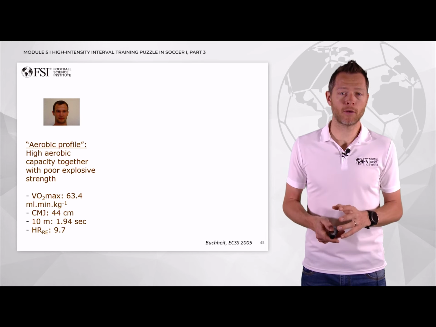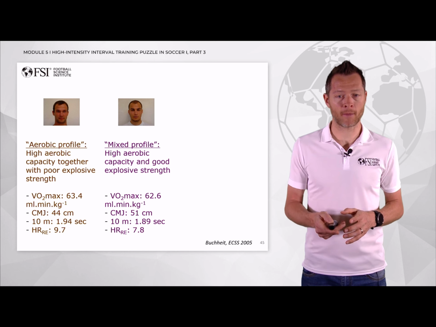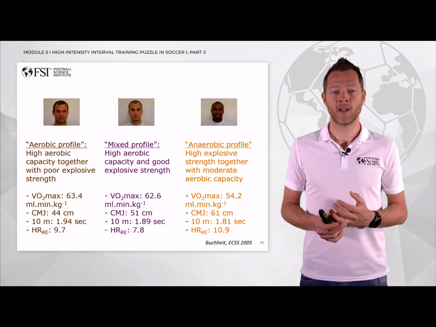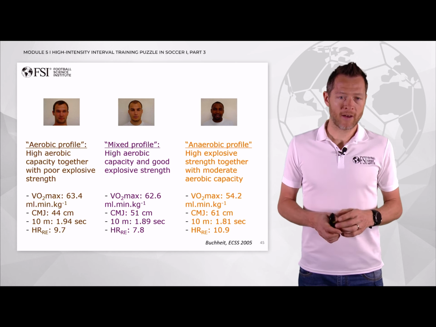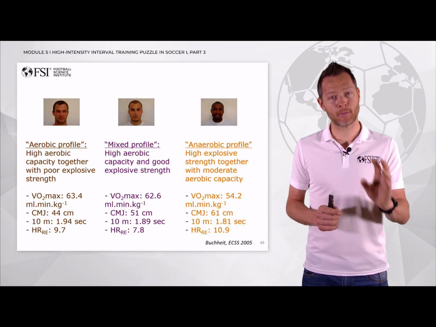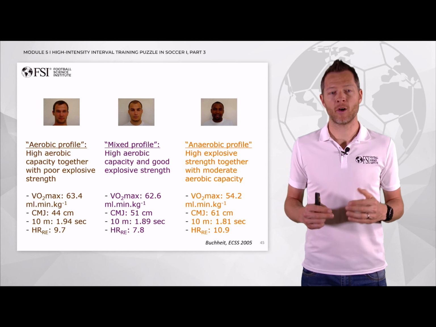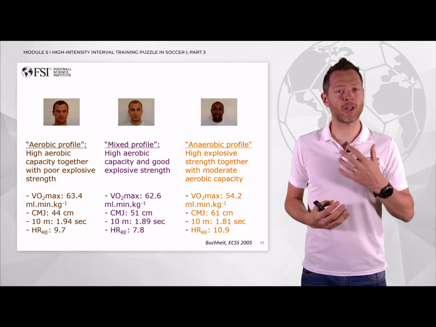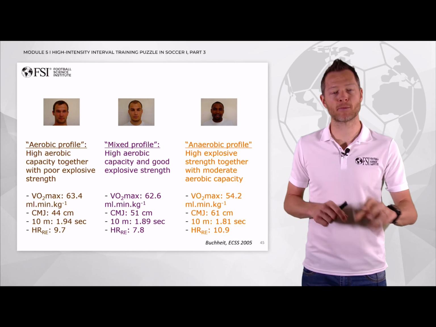These are examples of three handball players I worked with back in the day, so they were professional at that time. On purpose, we have on one side a player with a clear aerobic profile, kind of a more slow type of player, tall, so a good engine, but not very explosive.